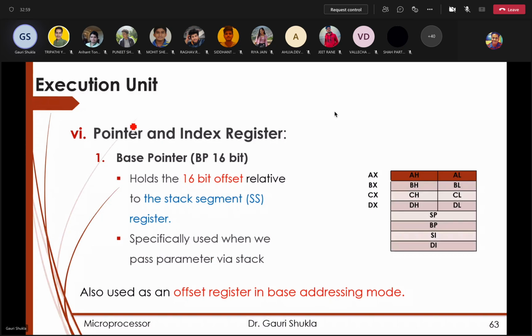By default, when I give base pointer, it is the offset for the stack segment. If you see base pointer, it will always go to the stack segment, and I can randomly access the stack.